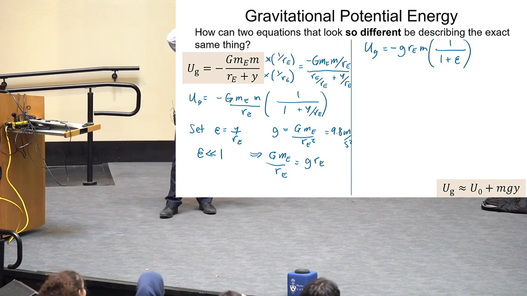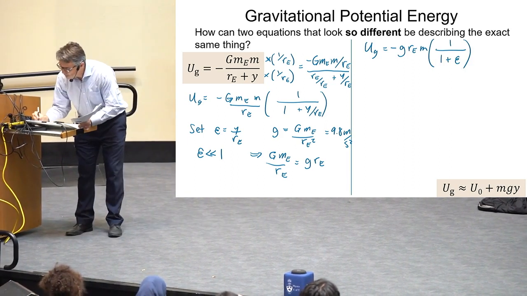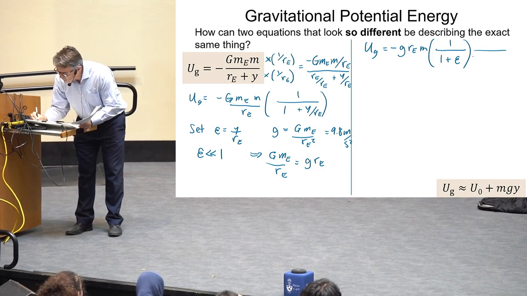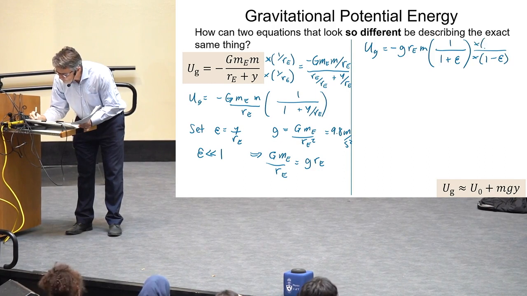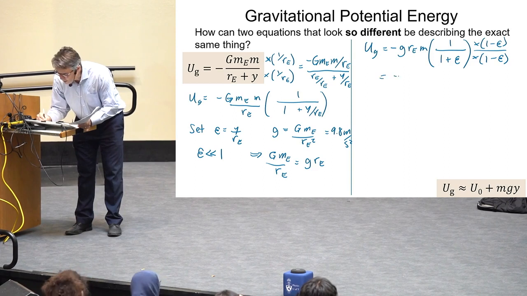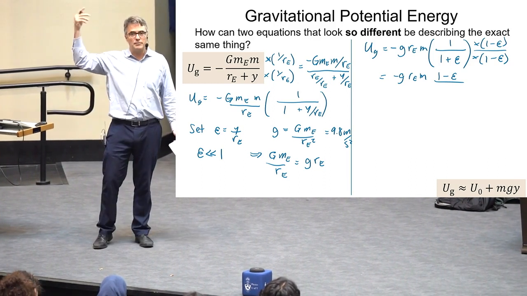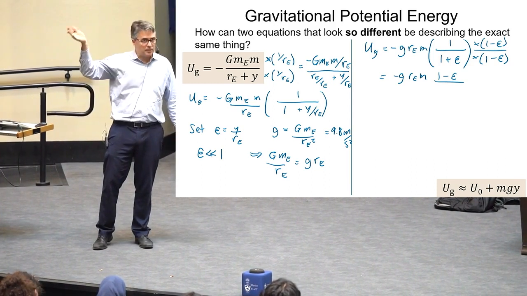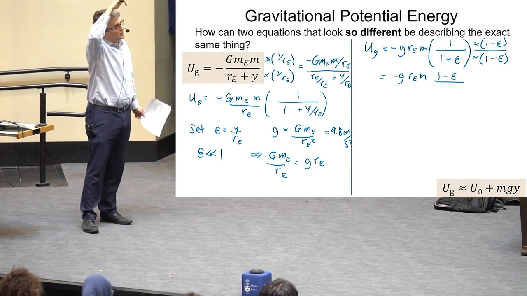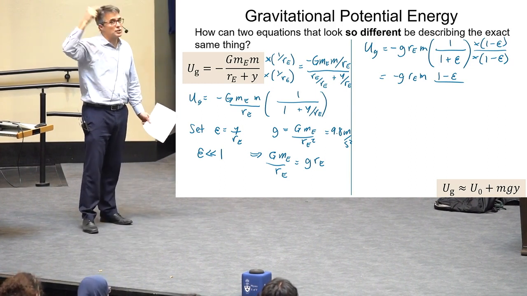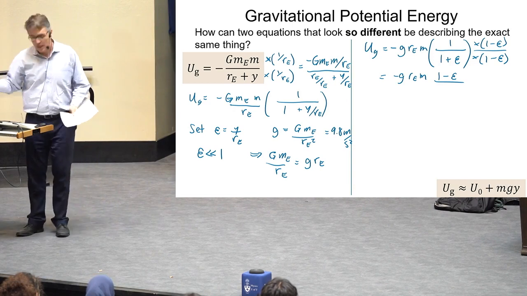Now I'm going to do a trick where I multiply top and bottom by 1 minus epsilon, and I'll show you why. The top is 1 times 1 minus epsilon, so it's 1 minus epsilon. And on the bottom, whenever you have a plus b times a minus b, you get a squared minus b squared. So 1 plus epsilon times 1 minus epsilon is just 1 minus epsilon squared.